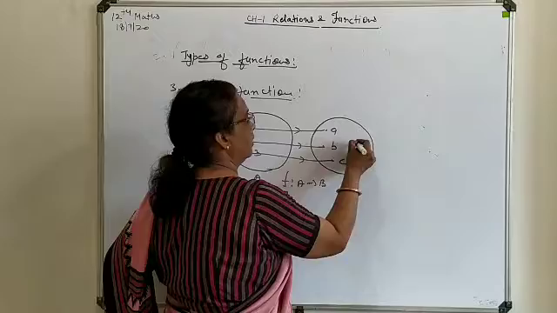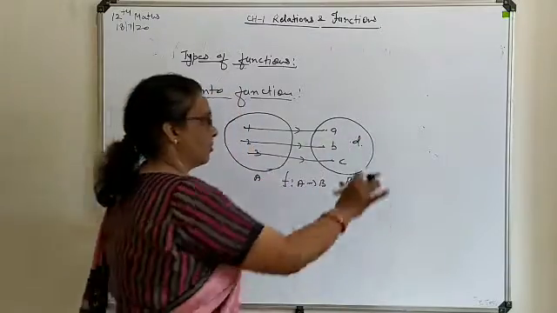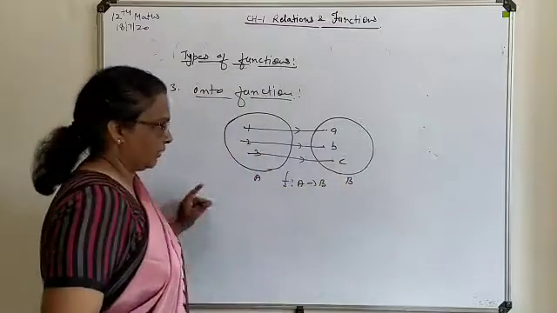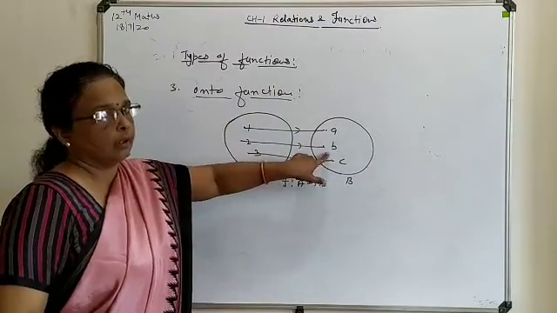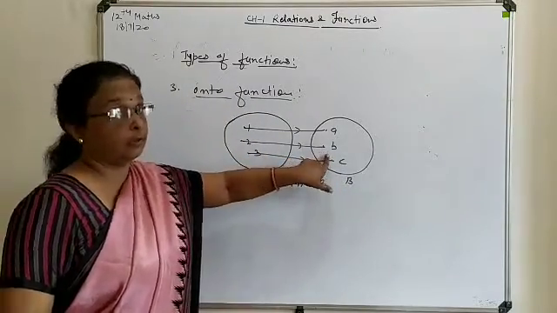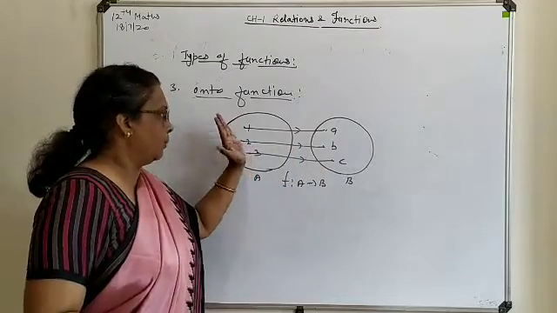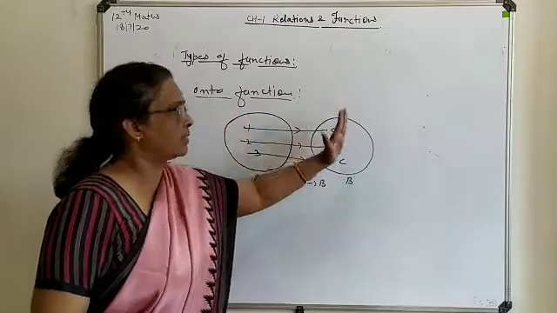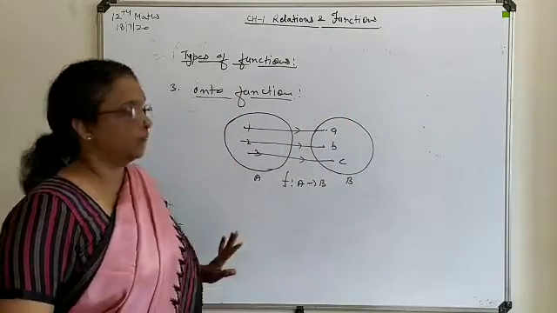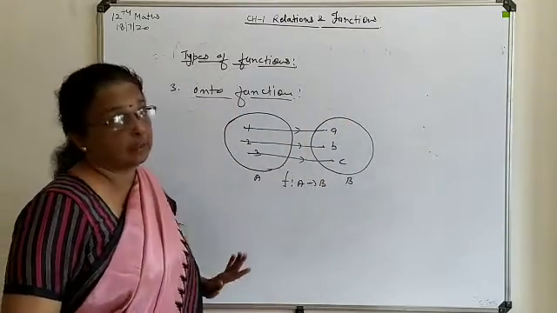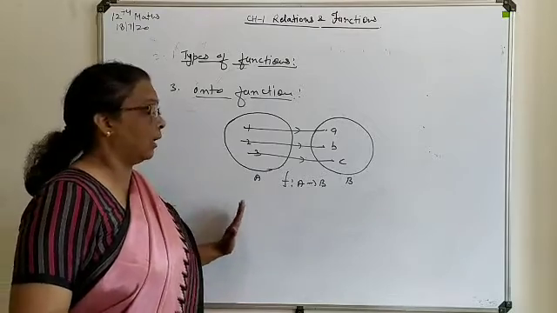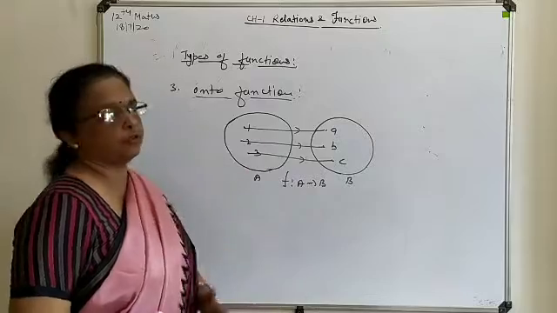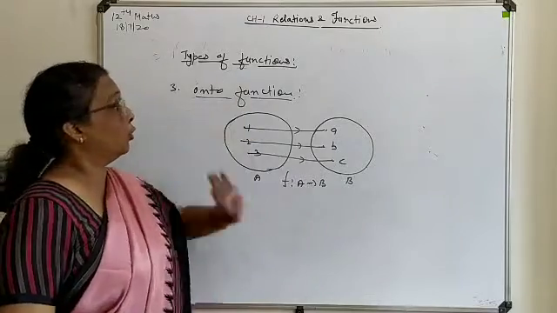Here we have not written D, which is not an image. So all elements of set B should have a function value, or you can say each element of set A has its image in set B. None of the elements in set B should remain which is not part of your function value. So this type of correspondence is known as an onto function.